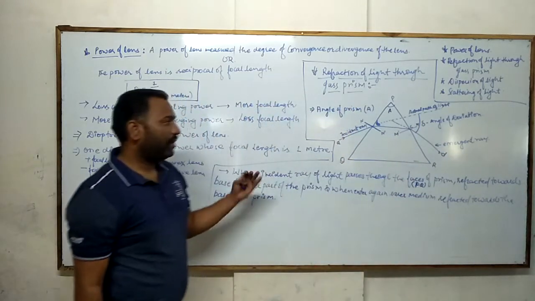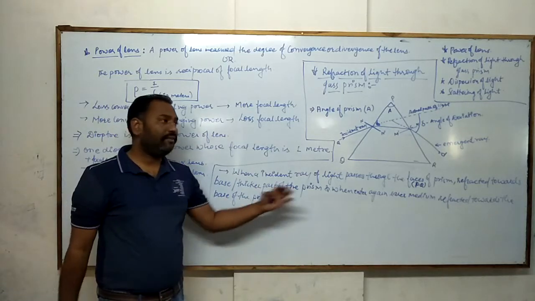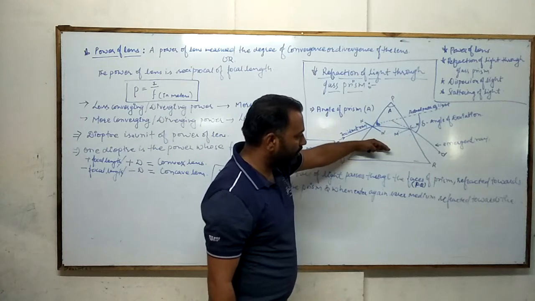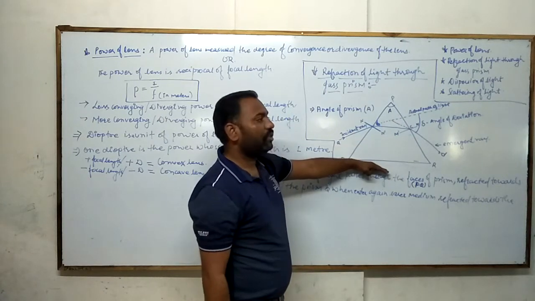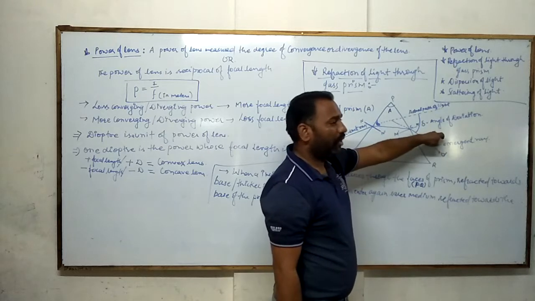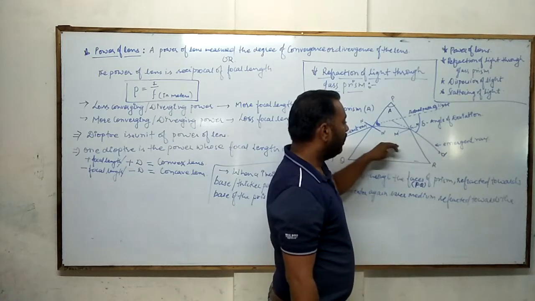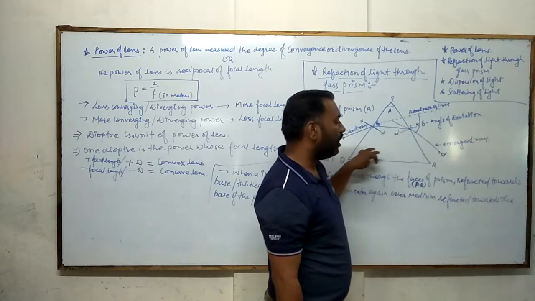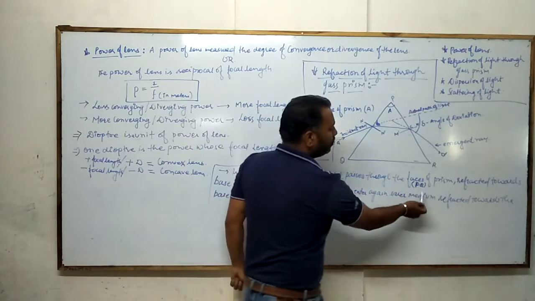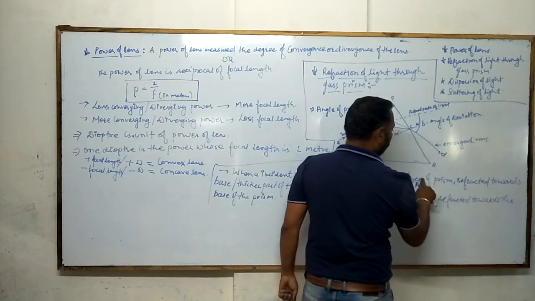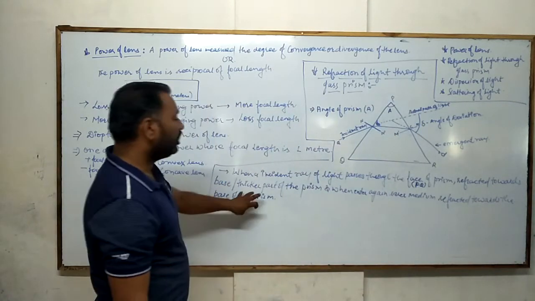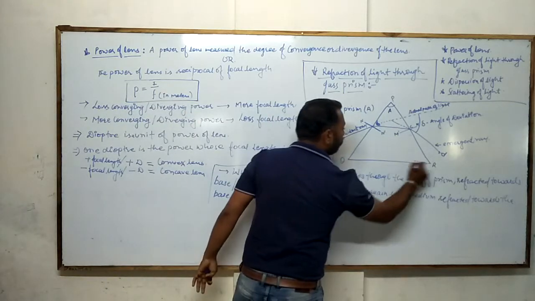It means first when the light enters the glass prism, it gets refracted towards the base, then when the light enters the rarer medium, that is the air medium, it again gets refracted towards the base of the prism. So when an incident ray of light passes through the face of the prism, it is refracted towards the base or thicker part.